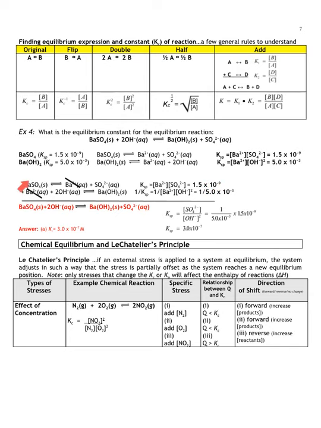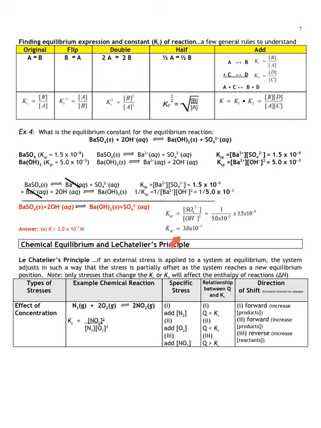The barium sulfate equation stays as is, as well as its constant. Now, in order for me to get this reaction, I had to add these two reactions together. So upon adding that, I get the same equation. So that means I'm not going to add the constants. What happens when you're adding is you have to multiply. So that's the weird part.